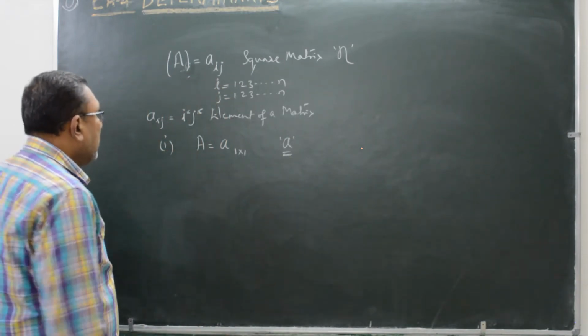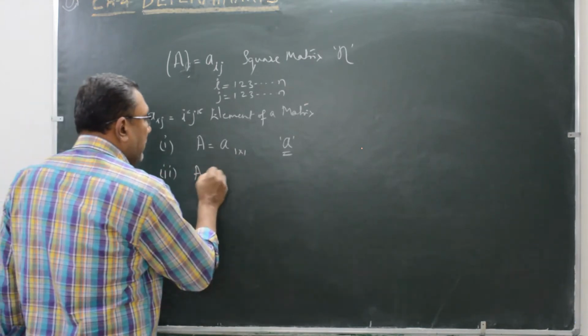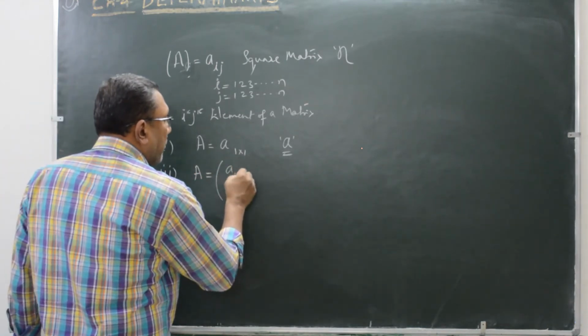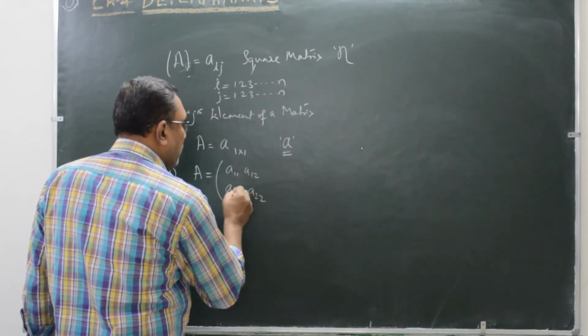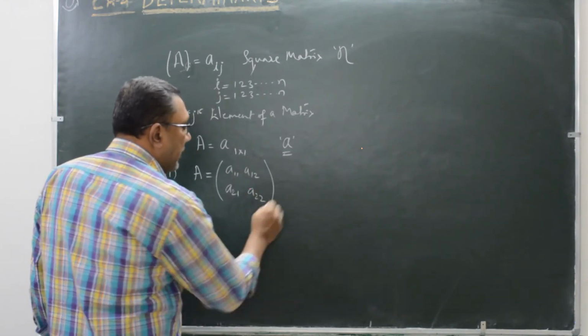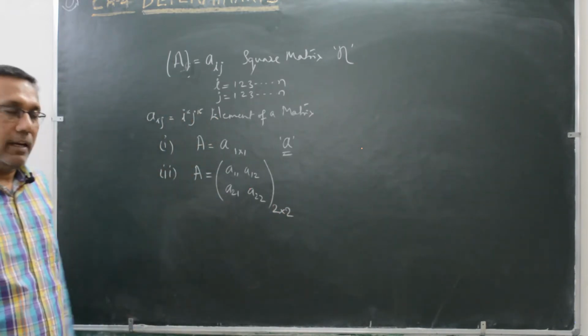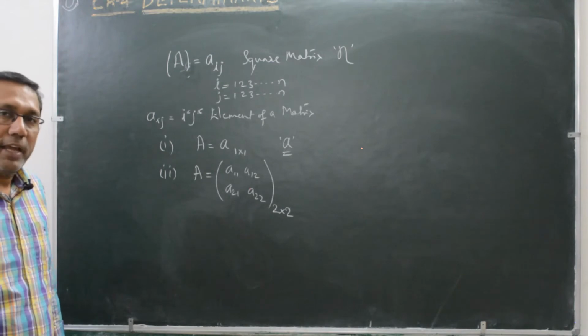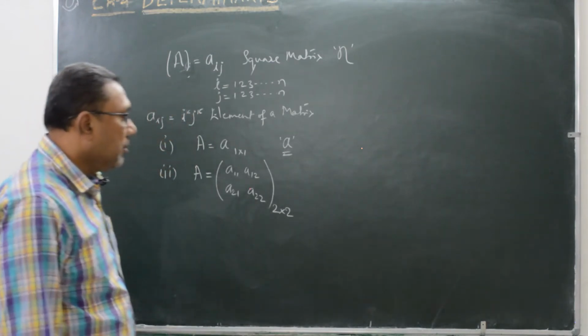And also let us take a11, a12, a21, a22. This is a matrix of order 2 by 2. Let us find how we can obtain a unique number for a 2 by 2 matrix.